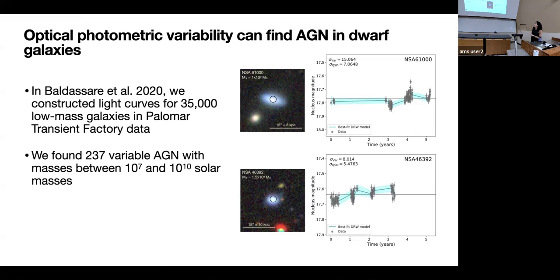These are just a couple of examples of galaxies that we found to have these variable active black holes. These galaxies are both about 1% the mass of our Milky Way galaxy. So this variability search technique can find active black holes in dwarf galaxies.